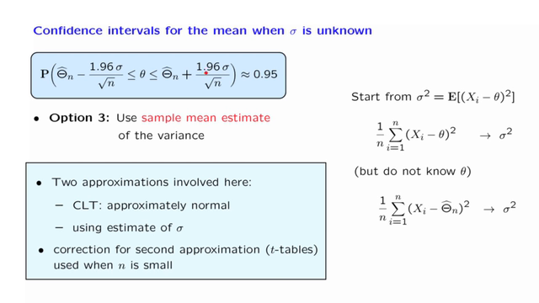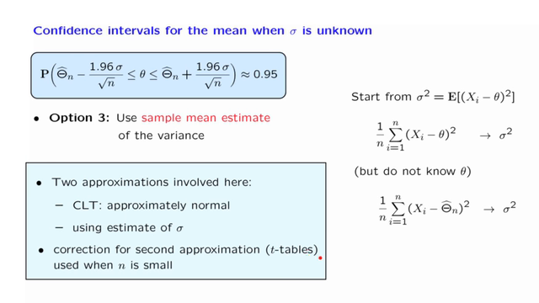So instead of 1.96, we might have a somewhat larger number. This correction is relevant when n is a small number, let's say n smaller than 30. But for larger values of n, this correction, where we use t-tables instead of normal tables, is rather insignificant and one doesn't bother with it.